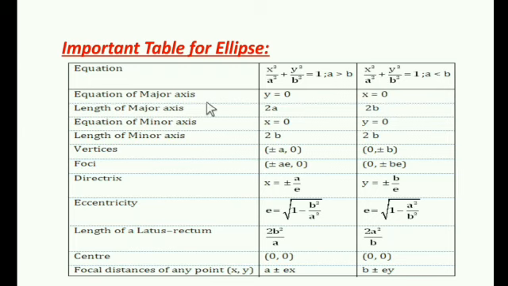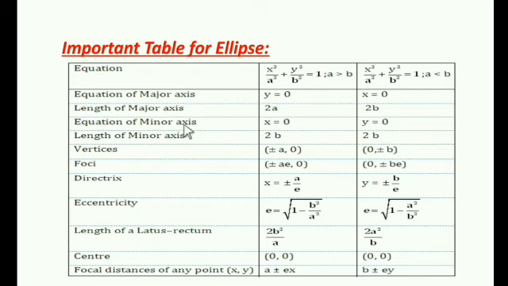Equation of the major axis: y equal to 0; for the other, x is equal to 0. Length of the major axis is 2a, and length of the minor axis will be 2b. If a is greater than b, we will write y squared by a squared, not by b squared. So here we will write 2a.